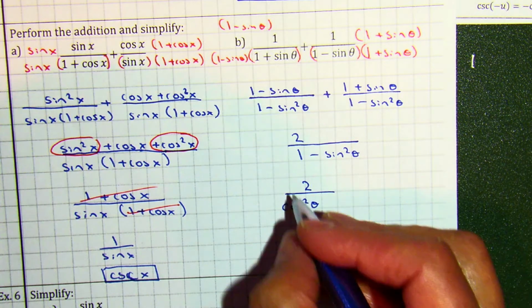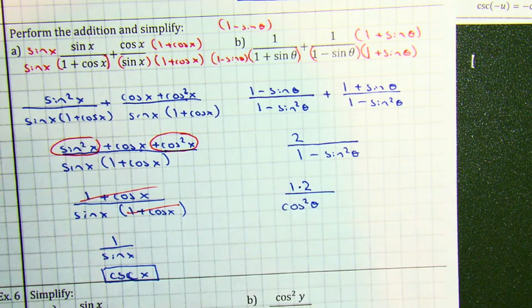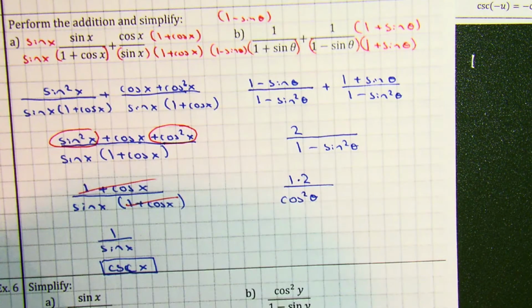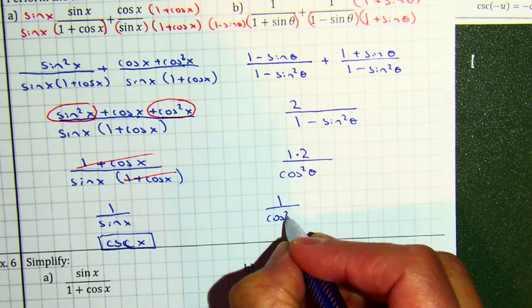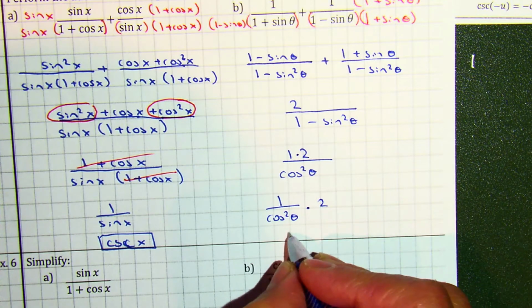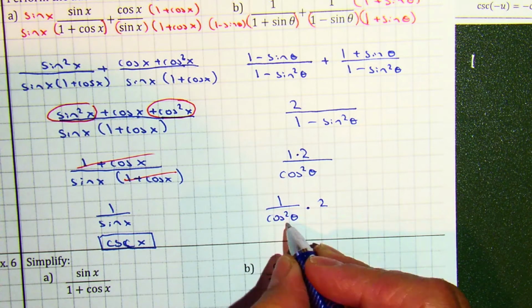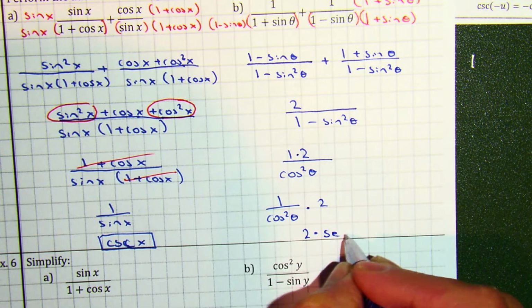Now, I'm going to separate this: 2 multiplied by 1 is the same, correct? So I'm going to separate this as 1 over cosine square of theta multiplied by 2. This is secant, so the answer will be 2 multiplied by secant square of theta.